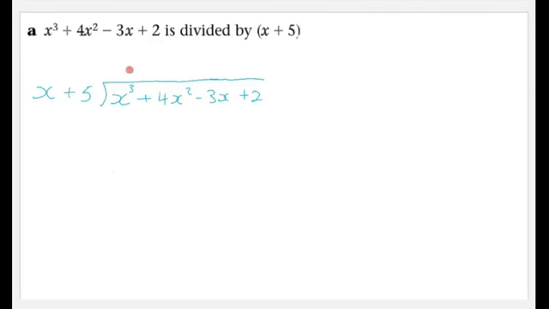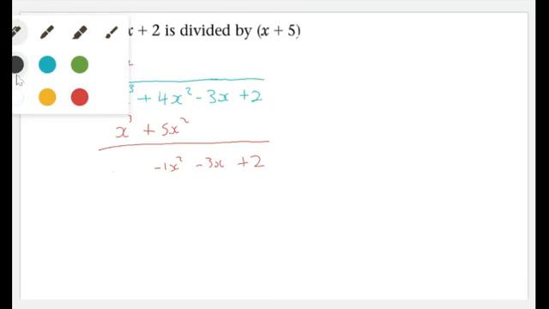So x into x cubed goes in x squared times. x squared times x gives you x cubed. Then x squared times 5 gives us 5x squared. Then we subtract: 4x squared take away 5x squared is minus 1x squared. And that's minus 3x, and then plus 2.